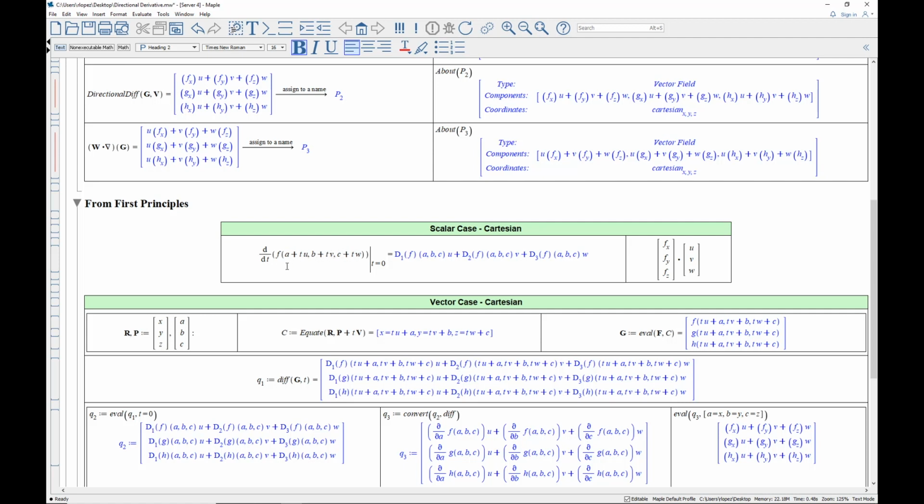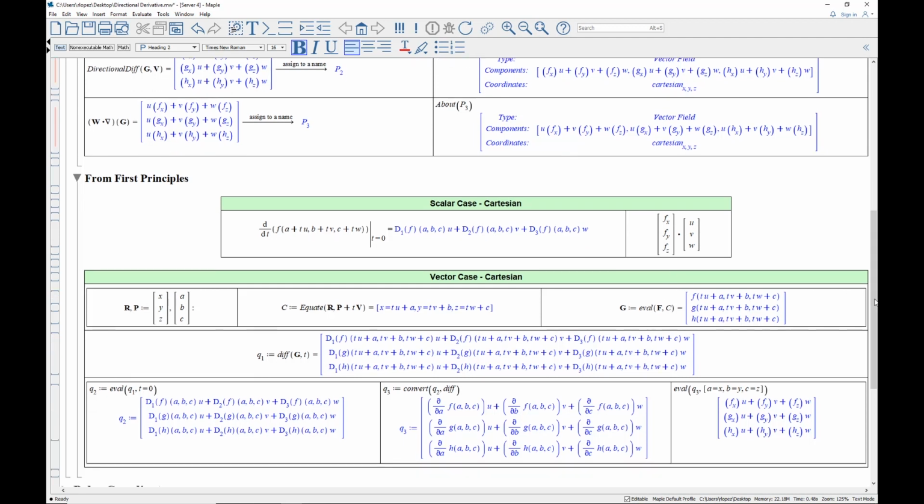That's a line. You take the derivative, evaluate at t equals 0, so you're sitting here at a, b, c. Really, you take a limit, but here for smooth functions, you just set t equal to 0. And the result is, and you can see here, the derivative is u, v, w. It's really gradient dot direction vector.